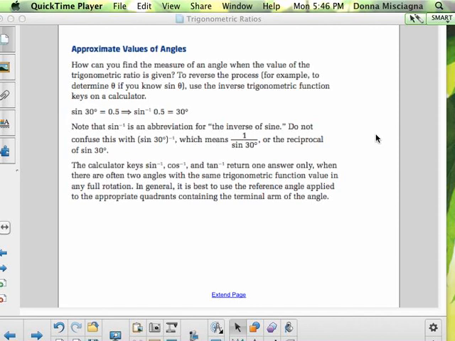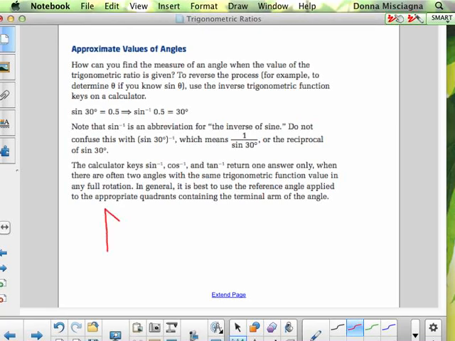So, for instance, something we know is that sine 30 is 1/2. Just to remind ourselves, if we had a reference triangle, and here is theta, if the opposite side is 1, the adjacent side in this example would be the square root of 3, and the hypotenuse would be 2.